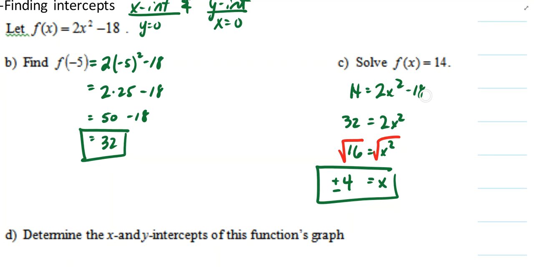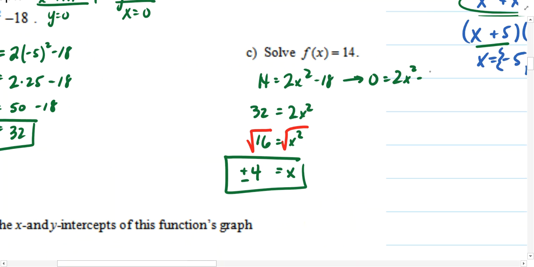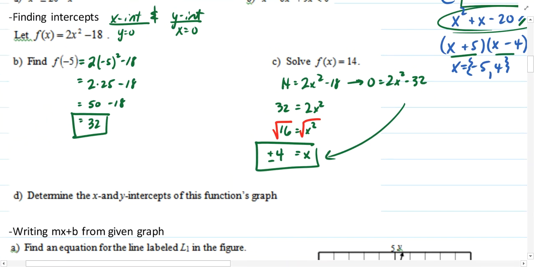If we had solved this problem by factoring or using the quadratic formula after setting it equal to 0, let's say we've got 0 equals 2x squared minus 32, using an a value of 2 and a c value of -32, the quadratic formula would have also produced both answers as well.